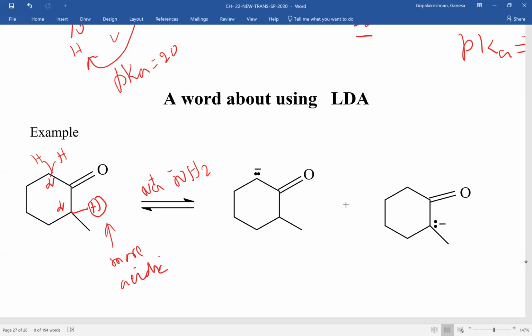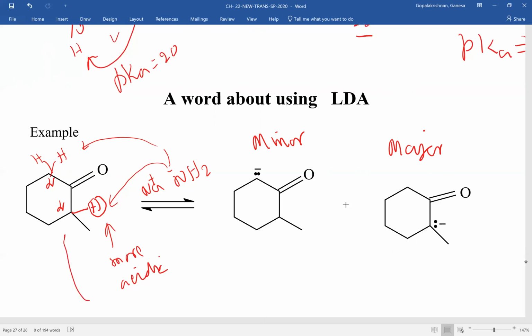So it can abstract the proton from here, or it can abstract the proton from here. If it abstracts the proton from there, you get this one. This is an enolate ion. If you abstract from here, you get this enolate ion. We said this will be major and this will be minor, for the reasons I explained here, because it is more acidic, easy to pull off.